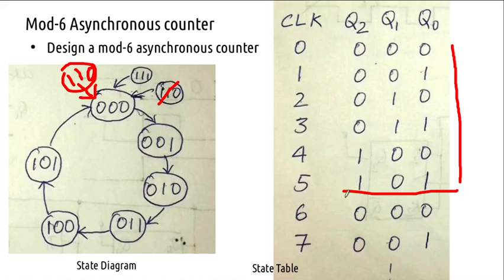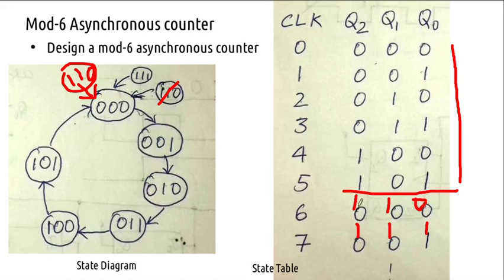So if you examine the bits, in the normal mod 8 counter sequence, after 1 1 0 the next should be 1 1 1, right?